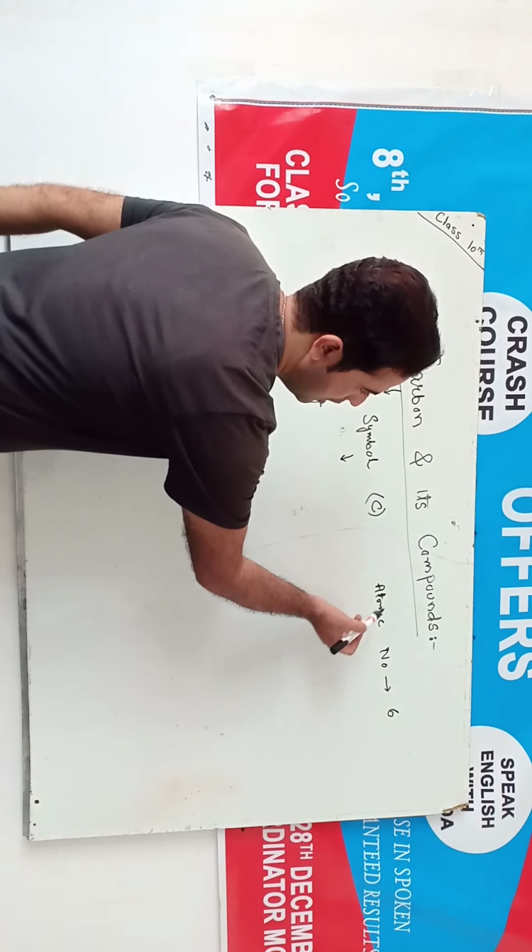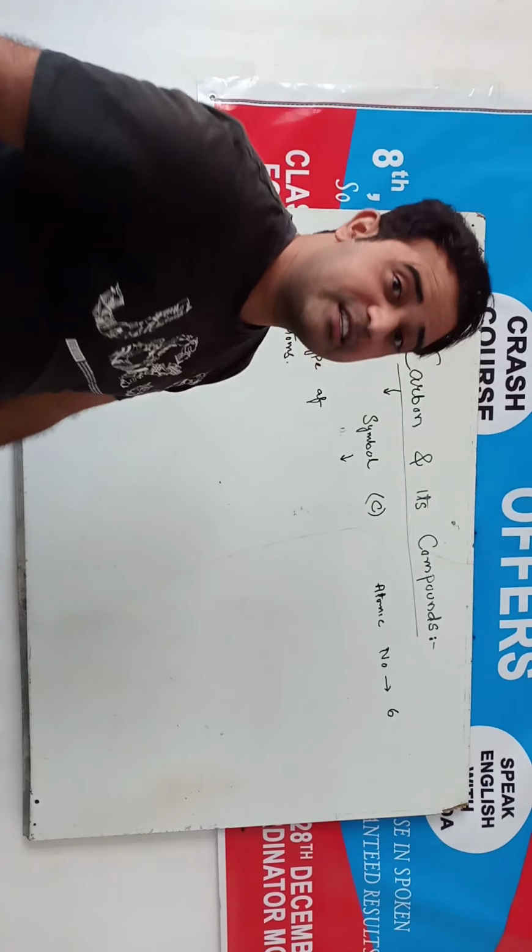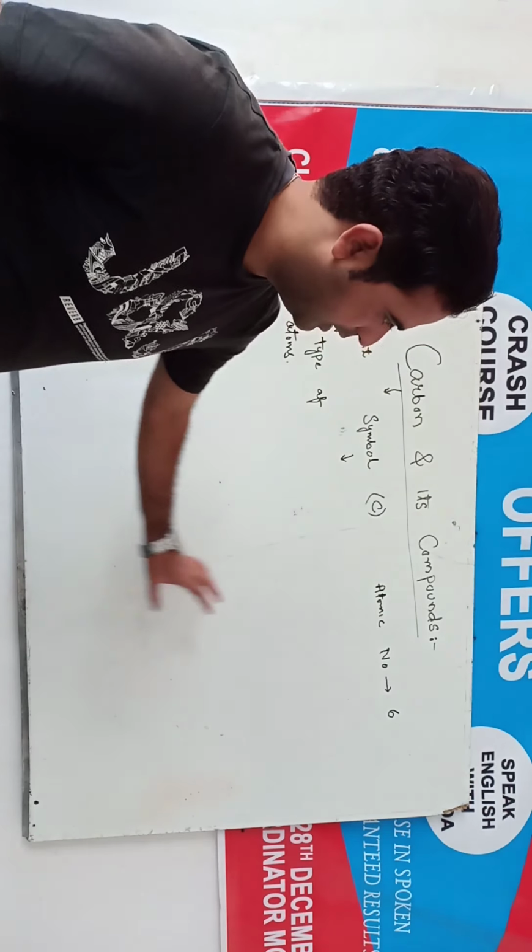The atomic number of carbon is 6. What does this mean? What is atomic number?